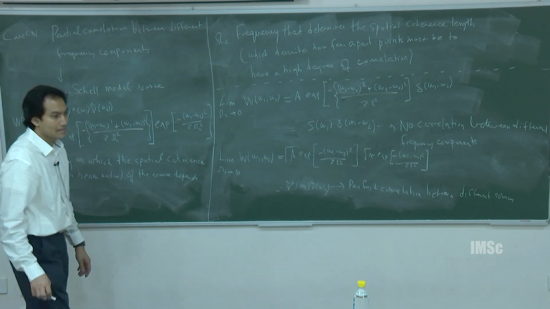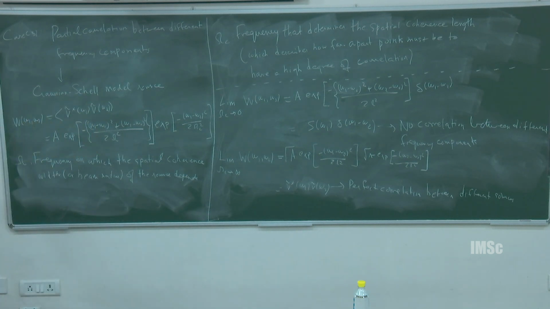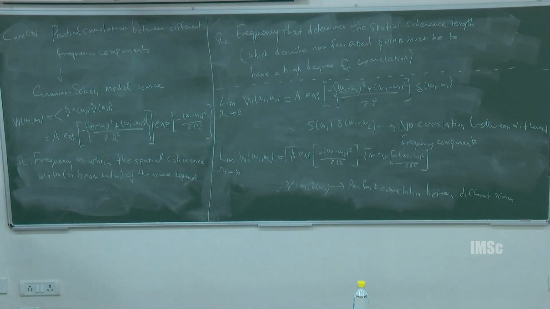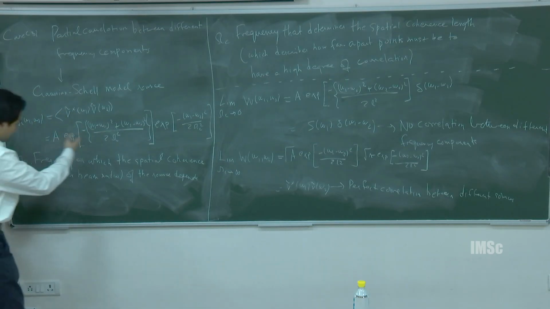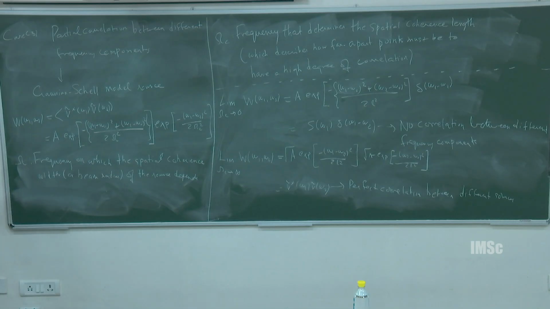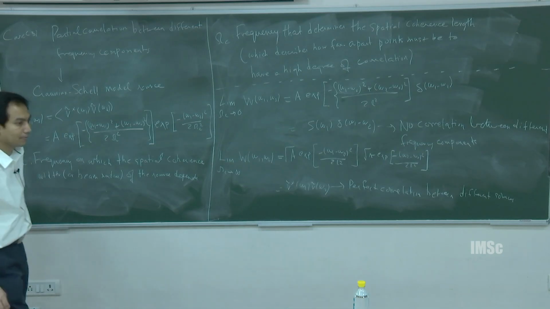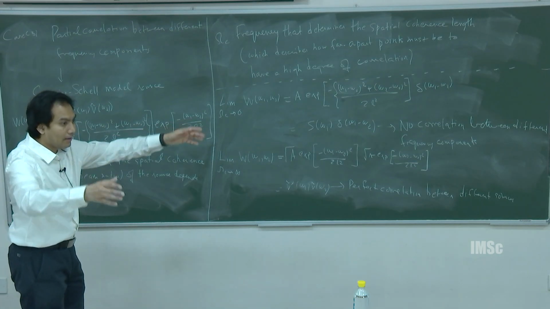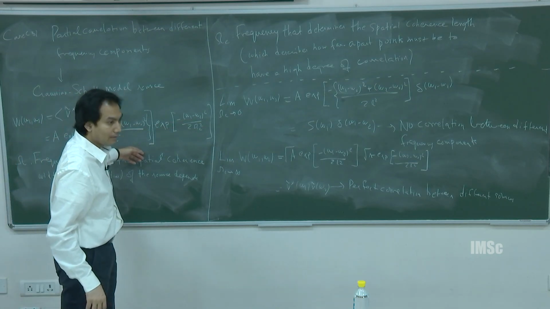But how does one figure out whether your cross-spectral density is of this Gaussian form or not? I have a feeling that once the field is produced by a source, it should be passed through a spectrum analyzer, and then they look at the spectrum, the raw data, and then they try to do a fitting.